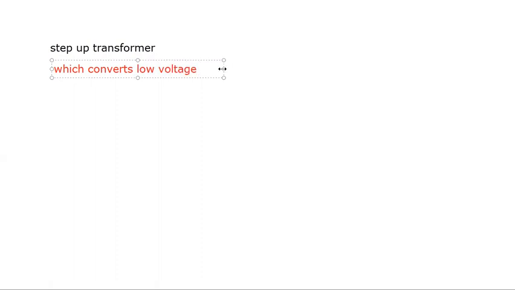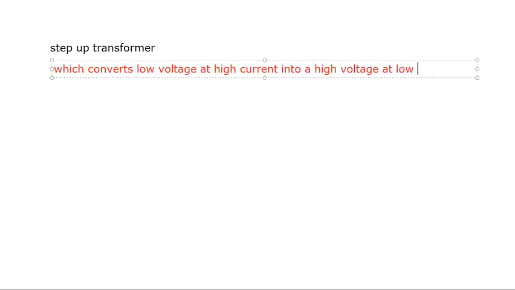What exactly is a step-up transformer? A step-up transformer is nothing but one which converts a low voltage at high current into a high voltage at low current. So this is called step-up.